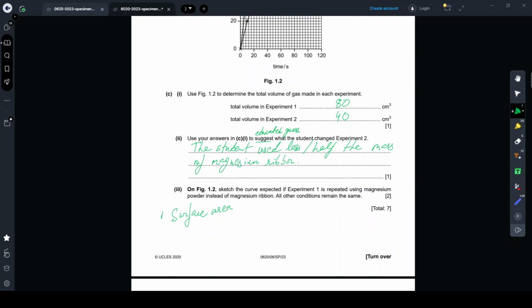So the more the surface area for a solid, the more the rate of reaction. And a higher rate of reaction means that the reaction is not going to produce more product, it's going to happen quicker. So you're going to get the same amount in less time.